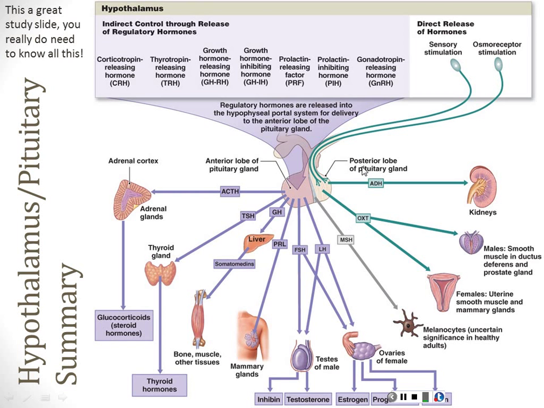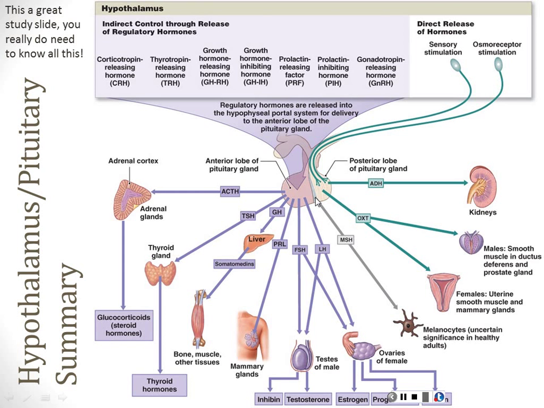The posterior one looks a little different, right, because there are no releasing factors. These are nerve axons instead. So we have the production of ADH, which affects the kidney, and oxytocin, which affects the reproductive system. All right? And then the only one that sort of is missing a releasing factor is this guy, the melanocyte stimulating hormone.